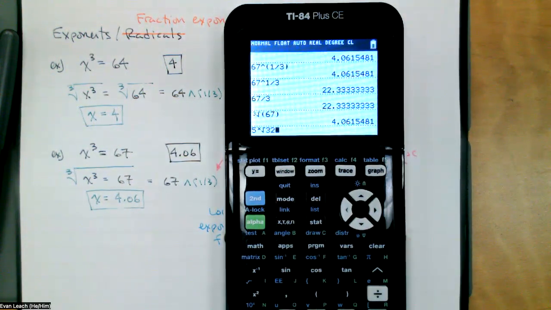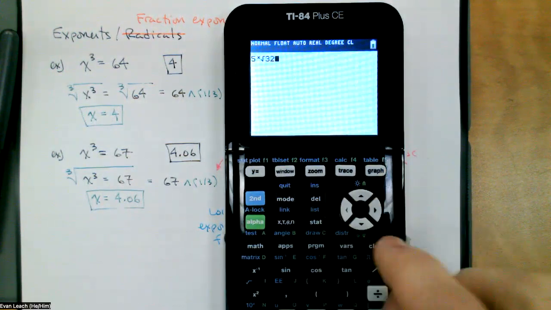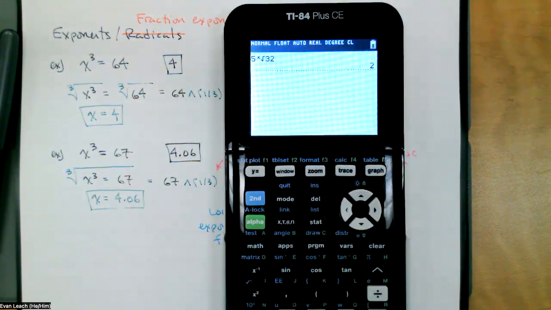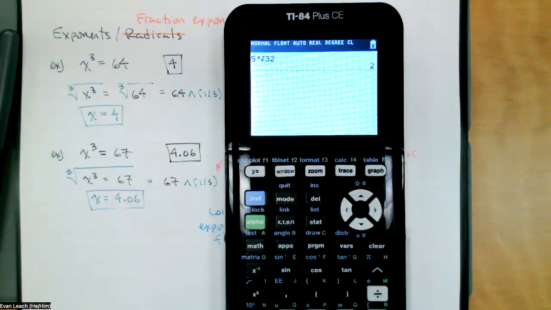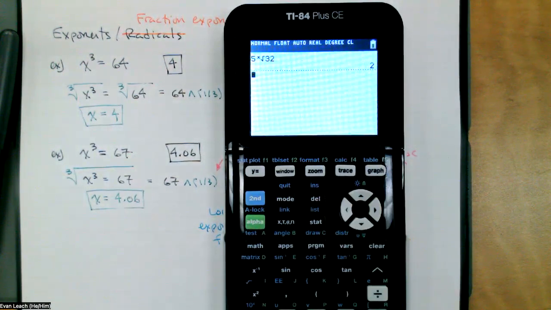So the fifth root of 32, oops, I put parentheses and I didn't need to. The fifth root of 32 is 2. So that's what it looks like to do a fifth root. You get a cube root button, but everything else after that is just this. So 32 to the 1/5 power is 2.